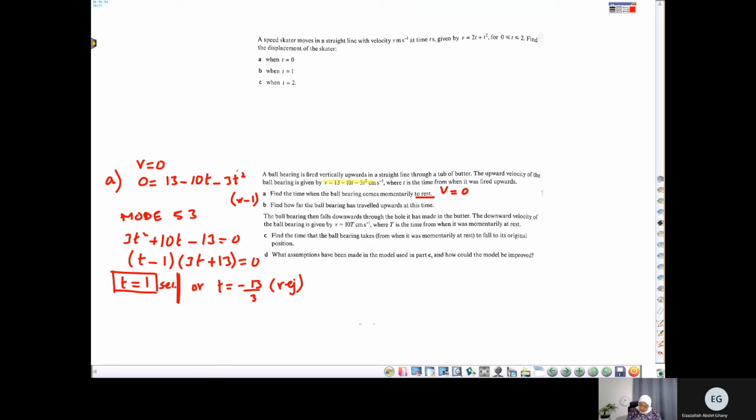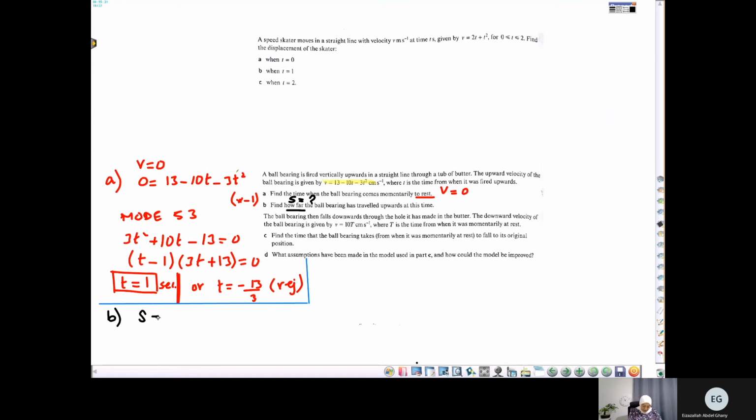1 second. So part B, find how far the ball bearing has traveled upwards at this time. How far means distance equals question mark. How far the ball bearing has traveled upward at this time, at t equals 1. If we have velocity and we need to find distance or displacement, we just integrate.